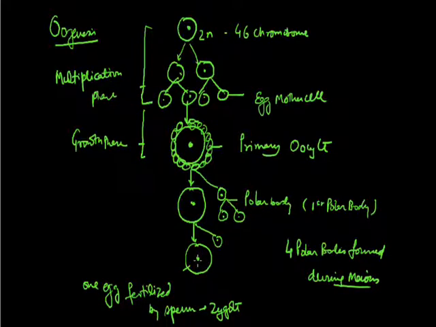So the maximum amount of cytoplasm as well as nutrients are retained in the one cell that is going to develop into the matured egg, and the rest is discarded from the body. These are not at all required, so they are discarded. And this is the secondary oocyte.